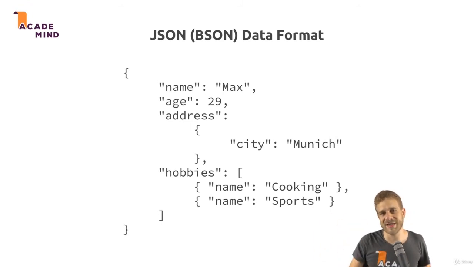Now in the title it also says BSON instead of JSON. Well, behind the scenes on the server, MongoDB converts your JSON data, which is this format you see here, to a binary version of it, which can be stored and queried more efficiently. You don't need to worry about that. We work with this JSON thing, with this object thing, throughout the course. So this is the data we store. This is a document.